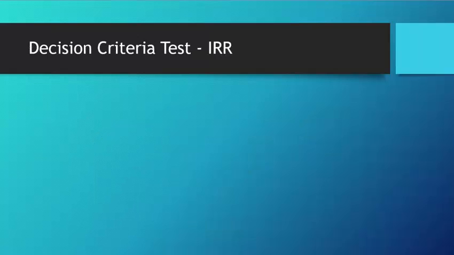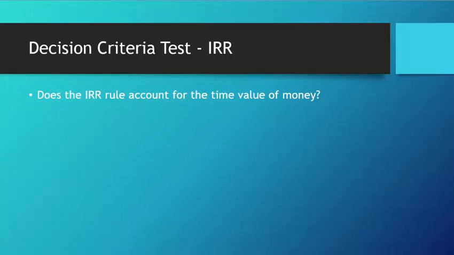Really quickly, let's see how good a job IRR would do as a criteria for deciding whether we should invest in this thing or not. Number one, does the IRR rule account for the time value of money? Well, remember, it's telling us if the k, in this case, or the IRR, is higher than our discount rate, then we should invest. And we are taking into account the time value of money specifically because we include that net present value calculation in figuring out what the IRR is.